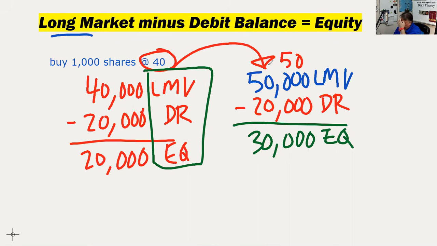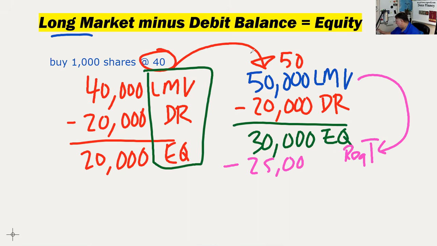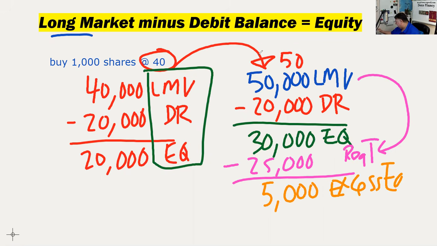Now, we love lending customers money. And so what I love to do is compare $50,000 to Reg T, because I want to see if perhaps I can loan you more money. It's one of my all-time favorite things to do. And so I say, ooh, you have $5,000 in excess equity, more than you need.